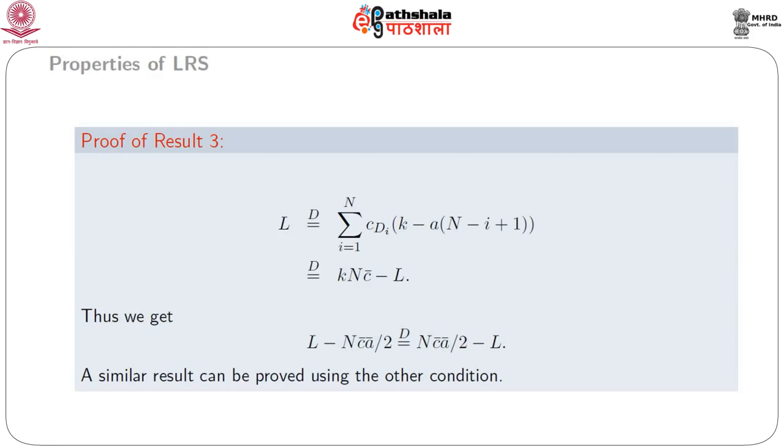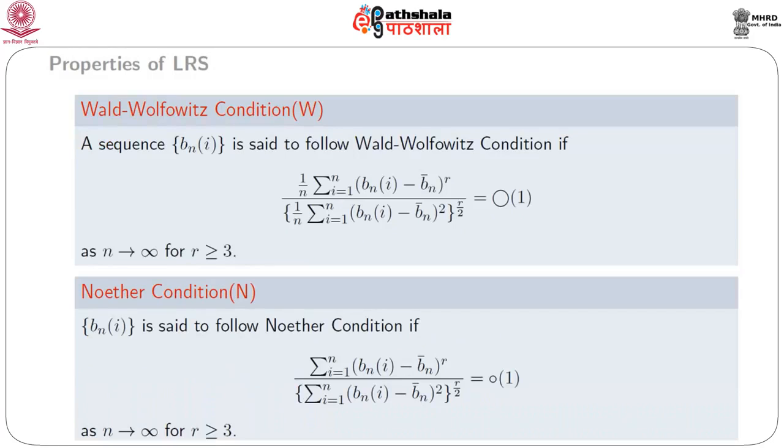Thus we get that L minus n C bar A bar by 2 has the same distribution as n C bar A bar by 2 minus L. And a similar result can be proved using the other condition, that is when Ci plus C_(n minus i plus 1) is a constant, using some other type of mathematics.